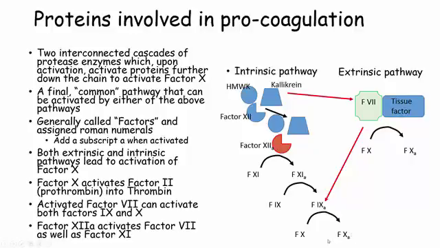And they lead to the activation of factor 10, which starts a final common pathway, which will lead ultimately to the activation of a protein called thrombin that has multiple roles, including converting the precursor for the main protein that's going to form the clot fiber, a protein called fibrin, into the active form. Both the extrinsic and intrinsic pathways lead to the activation of factor 10. And factor 10 then, on the next slide, not shown here, is going to activate factor 2, which is prothrombin.